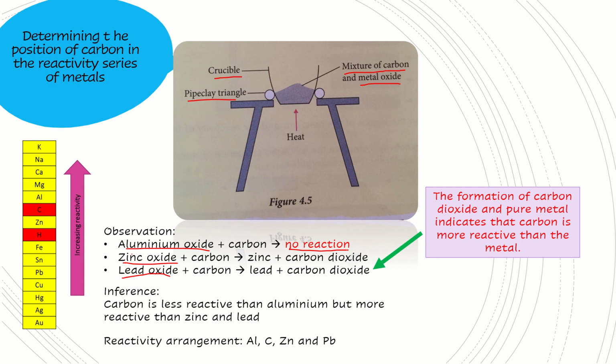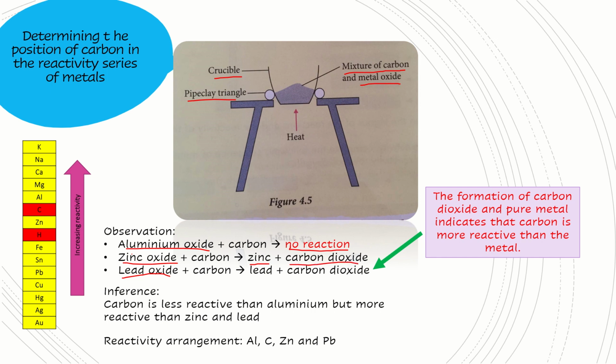Okay, we just record, and then we replace the content of the crucible with a new mixture. We mix zinc oxide powder with carbon, and then we heat. After the heating process, what we get is zinc and carbon dioxide.